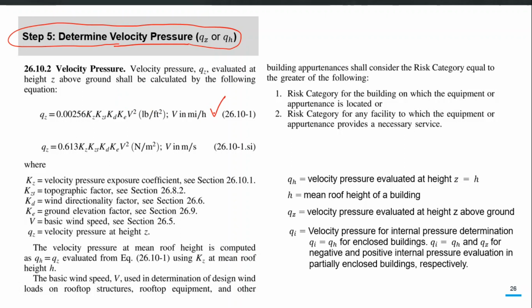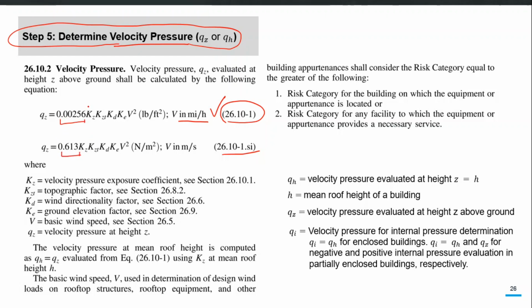It is an empirical expression, so it depends on the units. The 26.10-1 is in miles per hour, where velocity is in miles per hour, and this is in SI units where velocity is in meters per second. So the velocity pressure will be in Newton per meter square in this particular case.